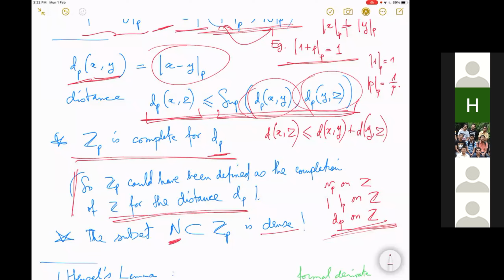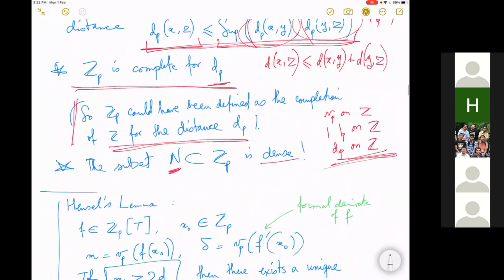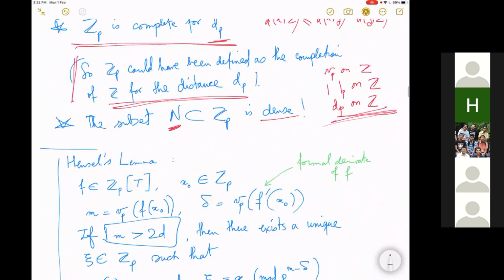Sometimes it's called everywhere dense. So this subset N is everywhere dense in Zp. Now we come to an important lemma, very basic because it's used all the time.